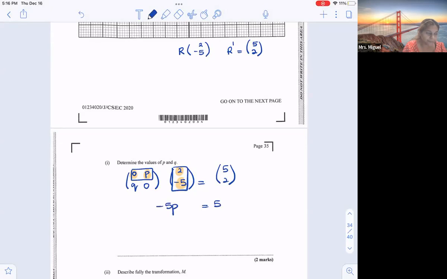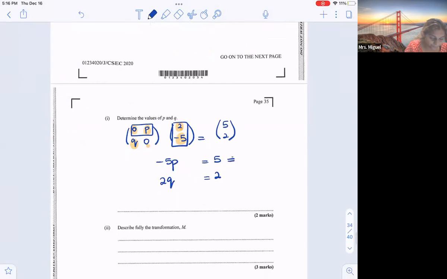Minus 5P is equal to 5. And Q by 2 and 0 by 5: 2Q is equal to 2. So take it down and solve for P and Q for me. One value will be positive 1, while the other will be negative 1.